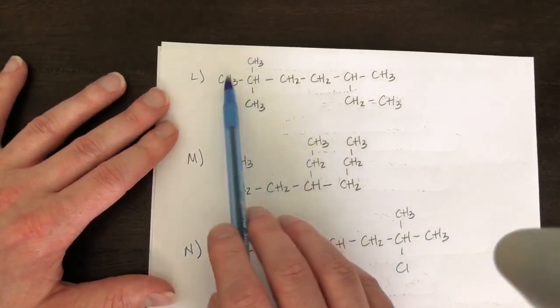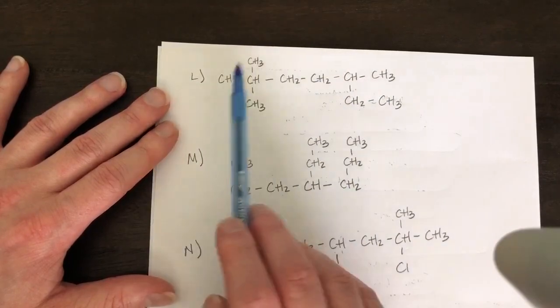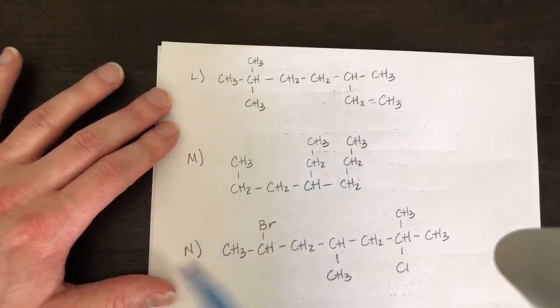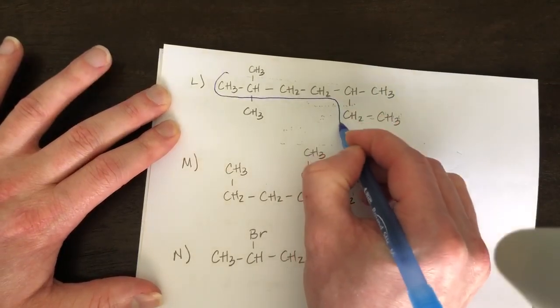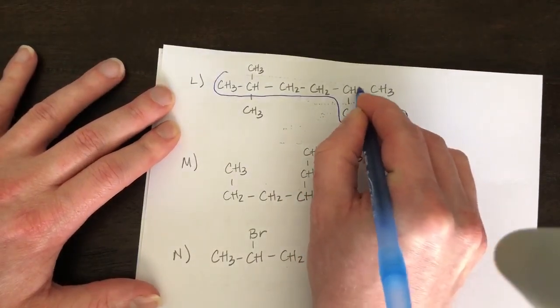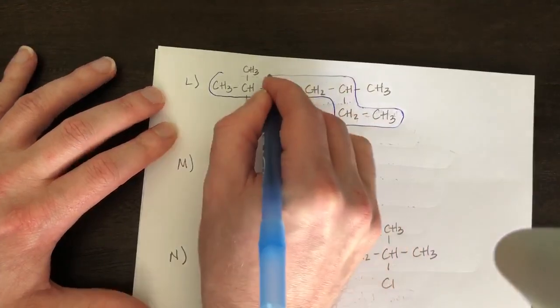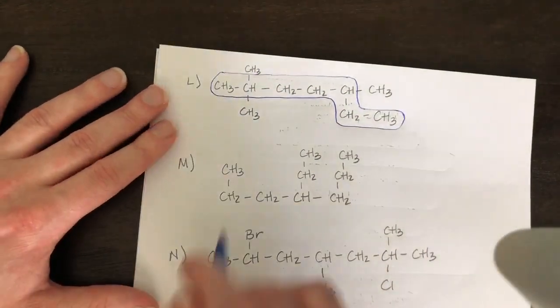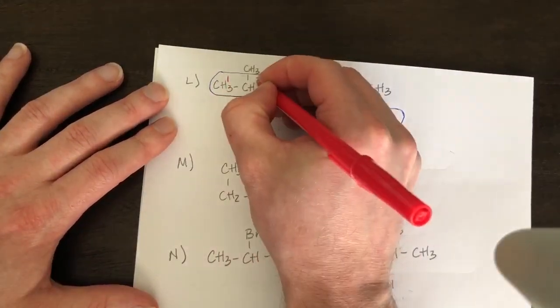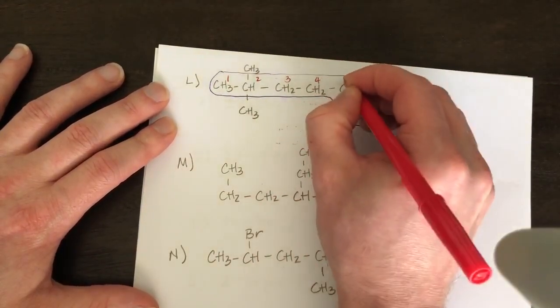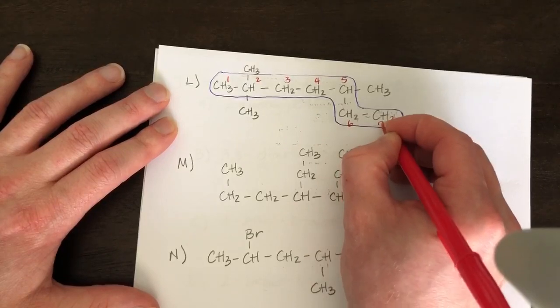Count the longest chain of carbons. 1, 2, 3, 4, 5, 6, 7. So we got to make sure we go like that. Okay, we're going to number it till we get the lowest numbers possible. 1, 2, 3, 4, 5, 6, and 7.